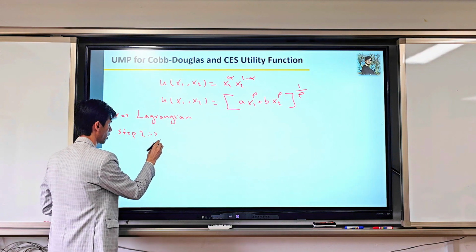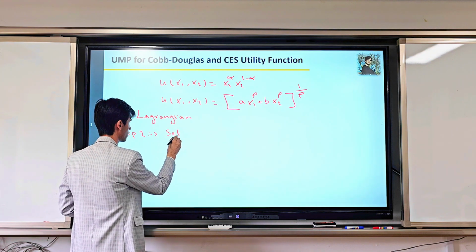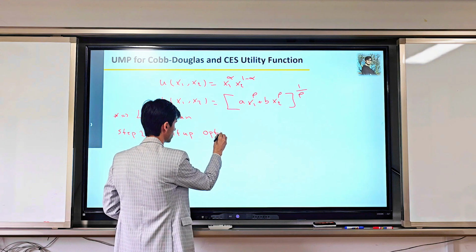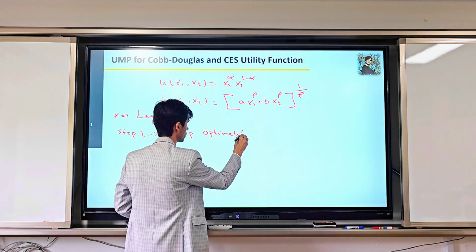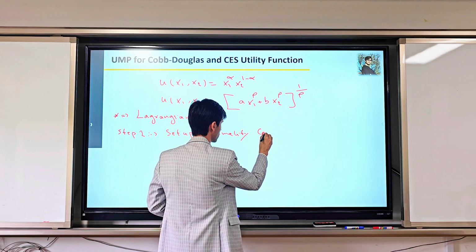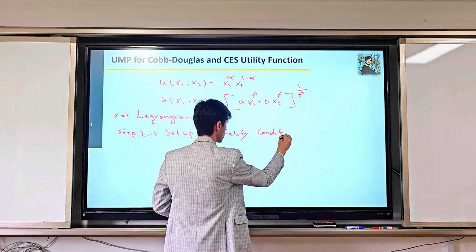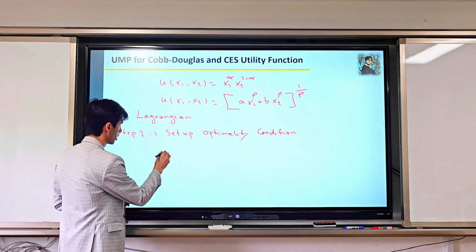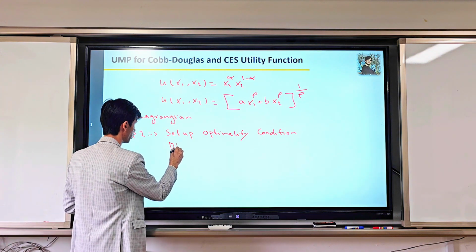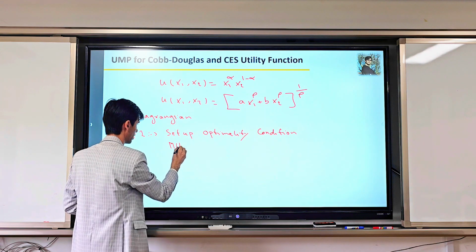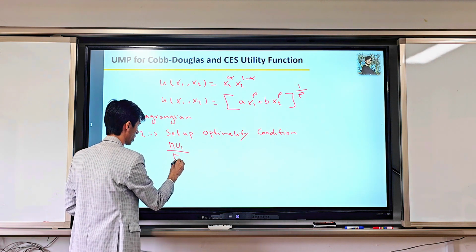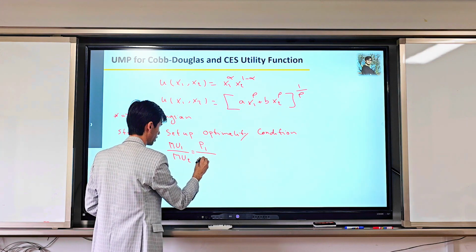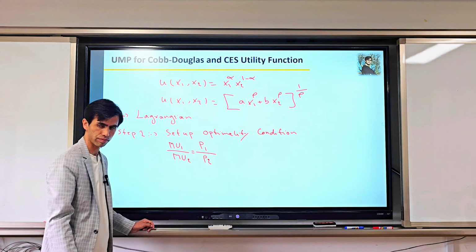Step 1, to set up the optimality condition. What's the optimality condition? The optimality condition is that the marginal utility of x1 divided by the marginal utility of x2 should be equal to the ratio of prices, P1 over P2.